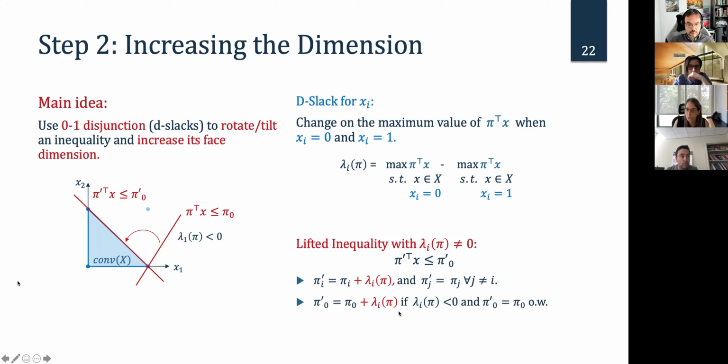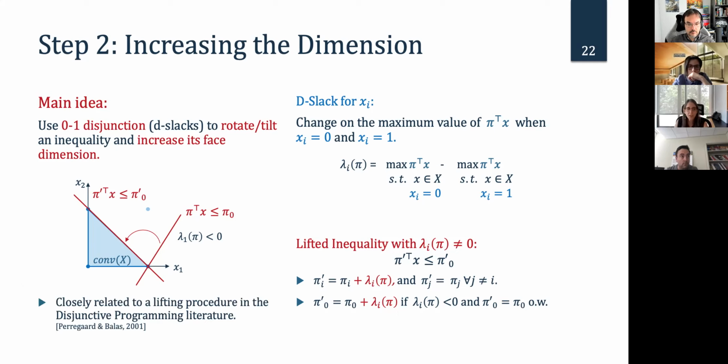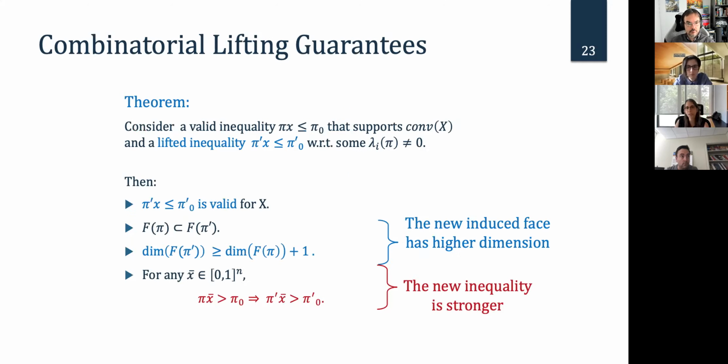I'm not going to go too much into the details. But the nice thing is that first, it has a strong relationship with a lot of other techniques that existed before, especially in the disjunctive programming literature. But also it has some really strong theoretical properties. So for instance, we can say that this new constraint that we have, first of all, is valid.